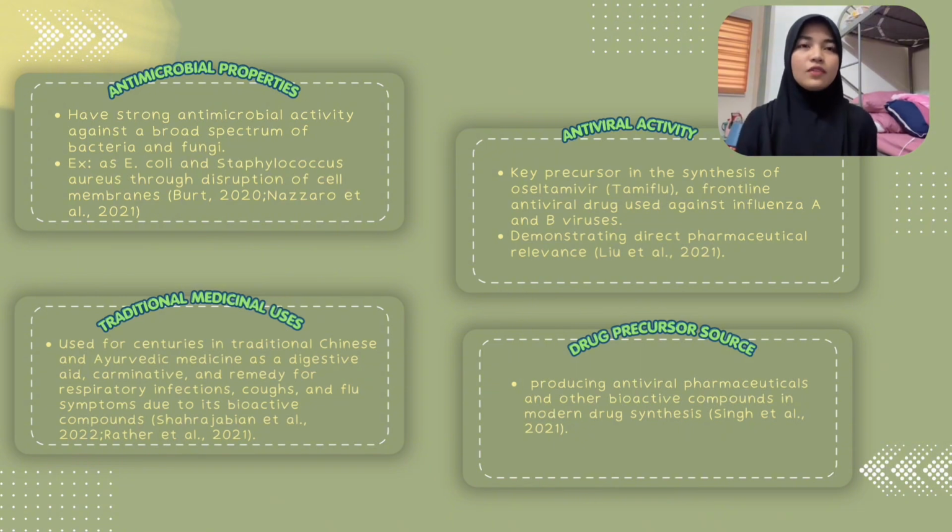And the last one is for the drug precursor source. Shikimic acid isolated from the star anise serves as a critical biosynthetic intermediate and industrial starting material for producing antiviral pharmaceuticals and other bioactive compounds in modern drug synthesis.